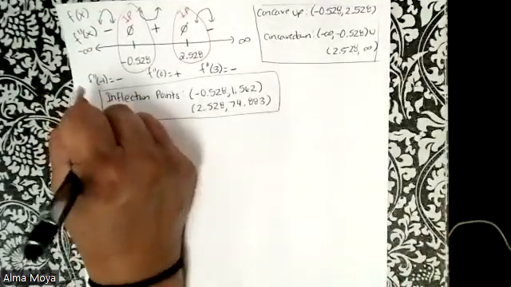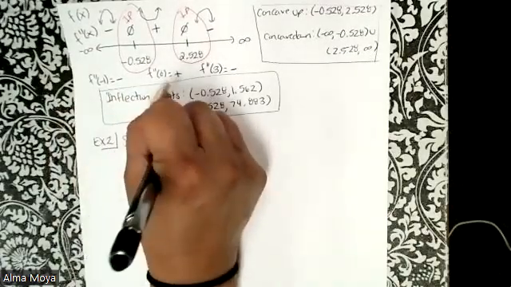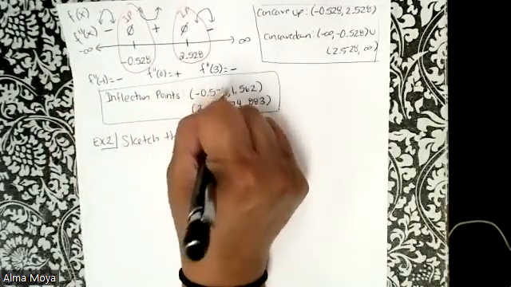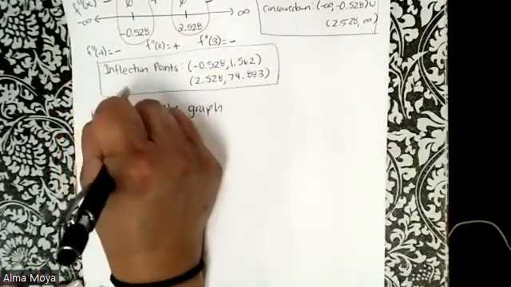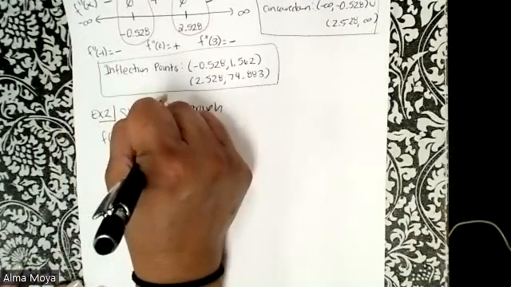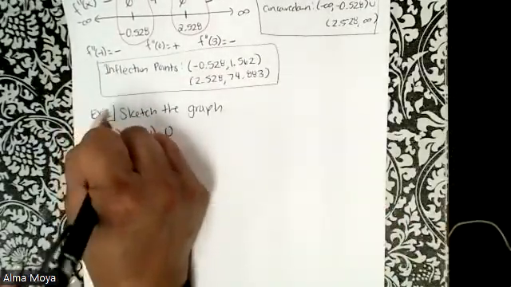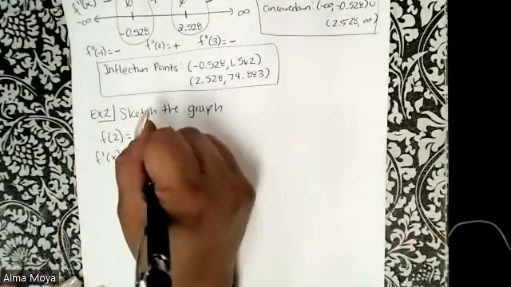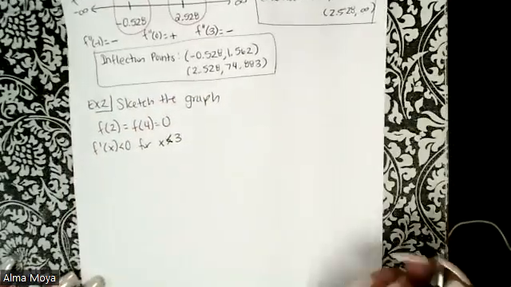All right, last example. We are going to sketch the graph. So now they're going to give you some information, such as, let's say, f of 2 equals f of 4 equals 0. The first derivative is negative for all x values less than 3.